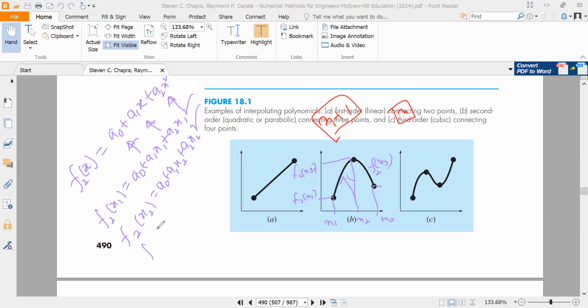Your third equation will be f2(x3) equals a0 plus a1 x3 plus a2 x3 square. Now tell me, can you find the values of a0 through a2 now? So it should be a2 x3 square?